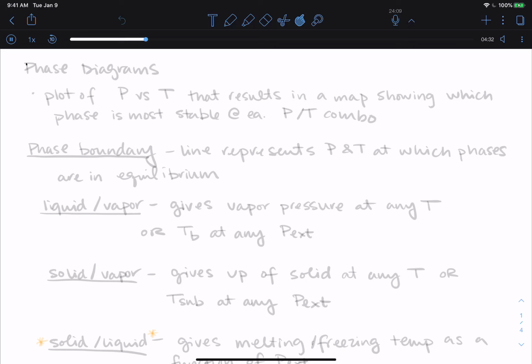So phase diagrams. They are a plot of pressure versus temperature. So you'll have pressure on the y-axis, temperature on the x-axis. That essentially results in a map showing which phase is most stable at each pressure and temperature combination.